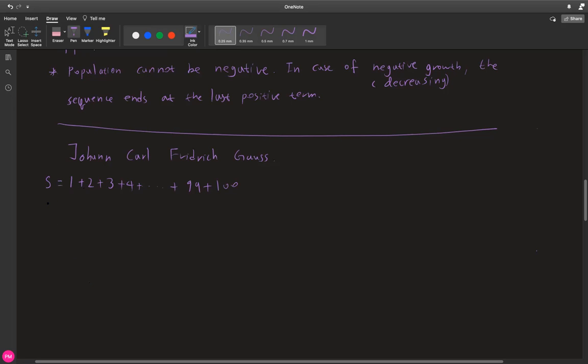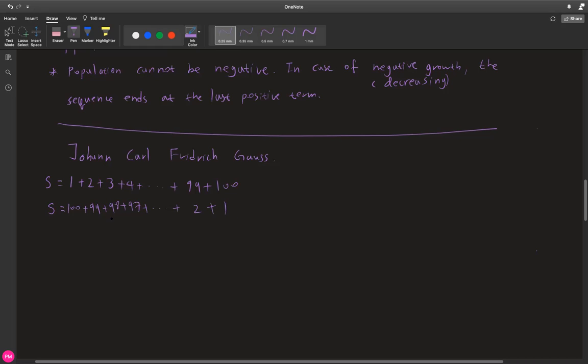And what he would do is he would add another sum, which is the same sum, but now in reverse order: 100 plus 99 plus 98, 97, dot dot dot, all the way to 2 plus 1. So we can all tell that it's the same number, but in just reverse order.